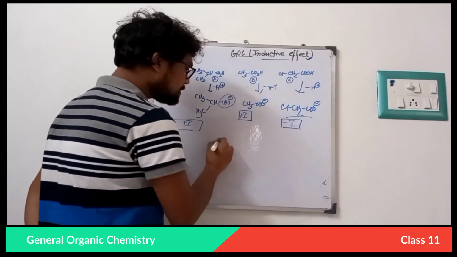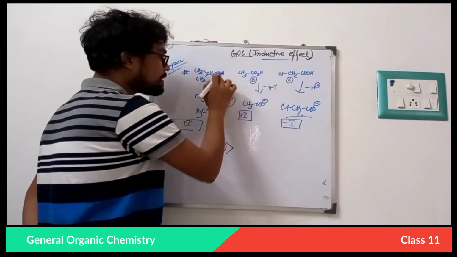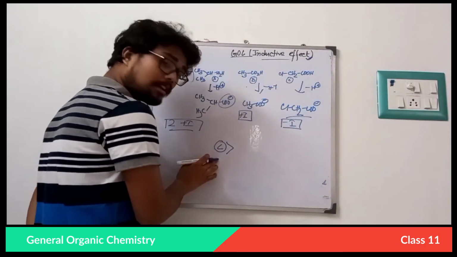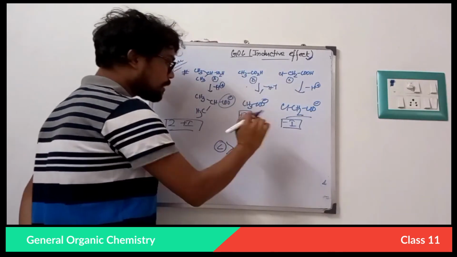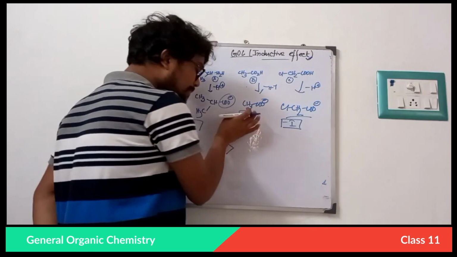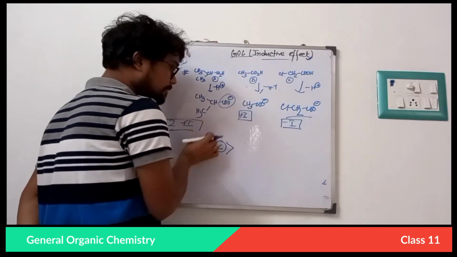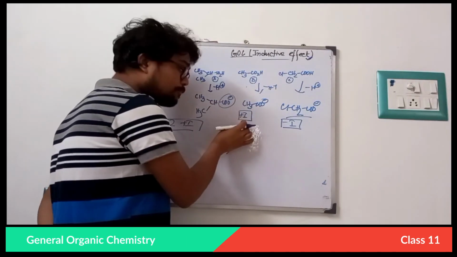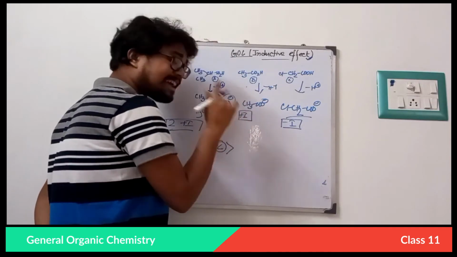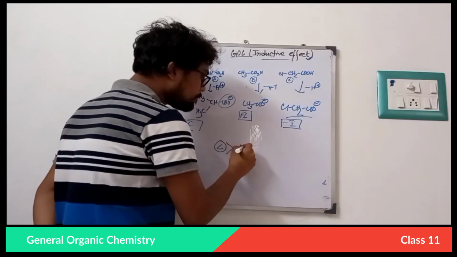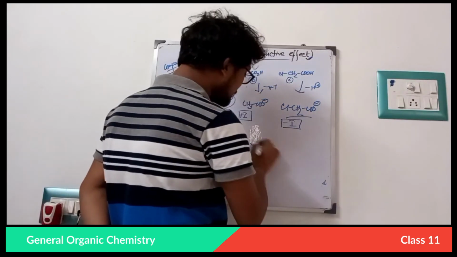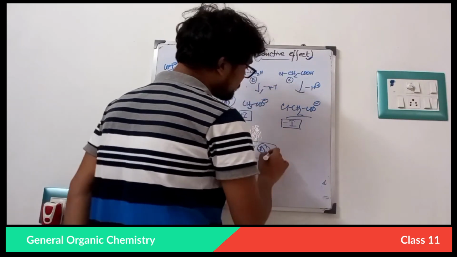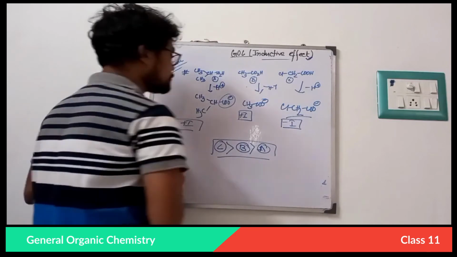So C will be more stable than B and A, so C will be the most acidic among these three. Next, this has 1 plus I effect and this has 2 plus I effect. So the one with only 1 plus I effect will be more stable. So B will be the next acidic, and A is the least acidic. This is the acidic order of these compounds.